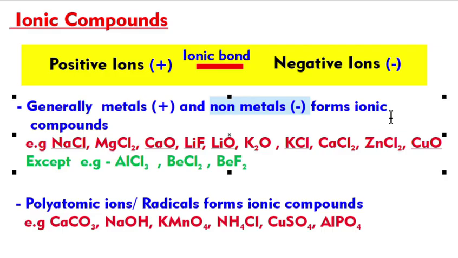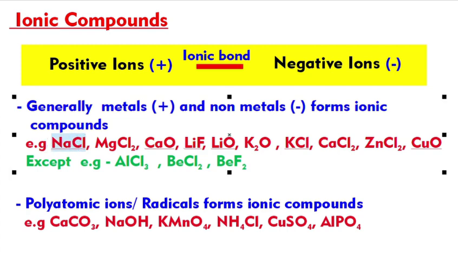Non-metals always gain electrons and become negatively charged. So generally, ionic bonds are made between metals and non-metals because the metals become positive and non-metals become negative. For example, sodium chloride. Sodium is a metal, chlorine is a non-metal.